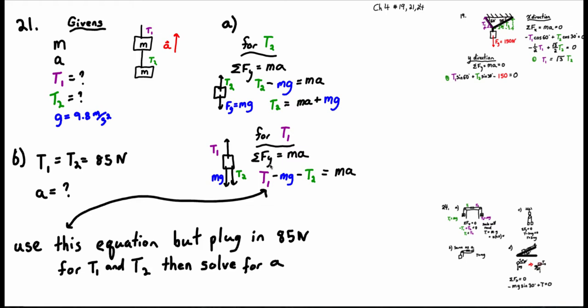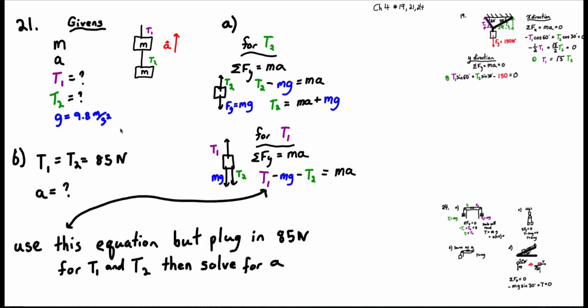So I'm going to sum my forces in the y direction. I have a positive T1, a negative mg, and negative T2, and I set that equal to my mass times acceleration. It's the same acceleration for both. And since I know T2, I can plug that in and solve for T1. And that will give me the answer for T1.